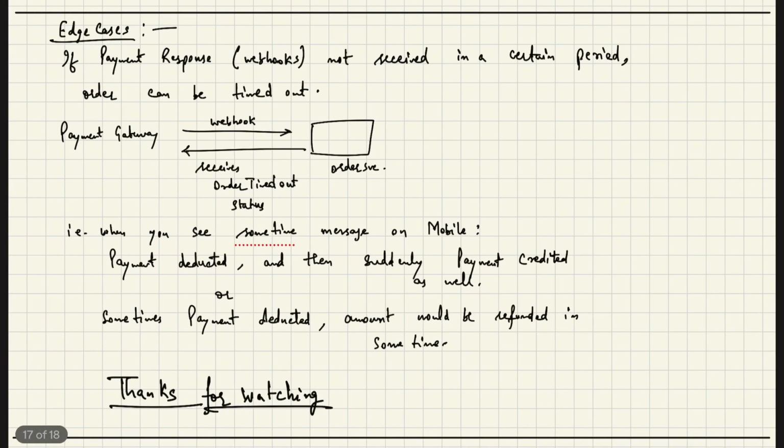But still there are a few edge cases. Let's assume the payment response webhook is not received in a certain period. Let's assume there is latency at the payment application, and we did not receive the webhook message. Now what would happen? Our background workers are still in action.